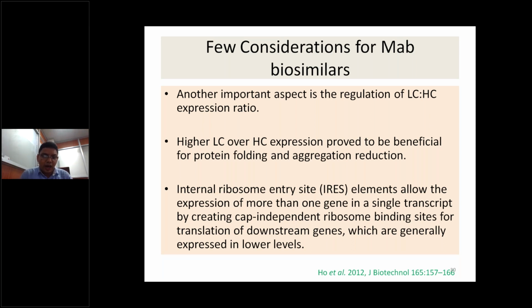But if you have IRES, then the 5' cap requirement is no longer there. So that is why IRES are very much used for production of biosimilars and creating bicistronic vectors. IRES are frequently used.